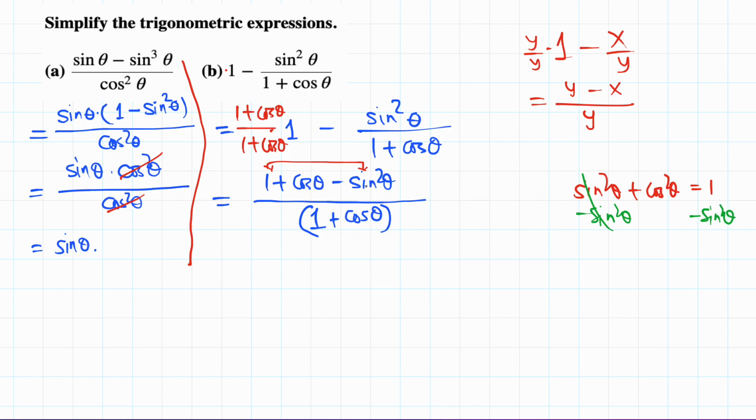So I got cosine theta plus cosine square theta, I can write cosine square first, doesn't matter. These two terms, 1 minus sine square, collectively give cosine square theta using this Pythagorean identity, over 1 plus cosine theta.